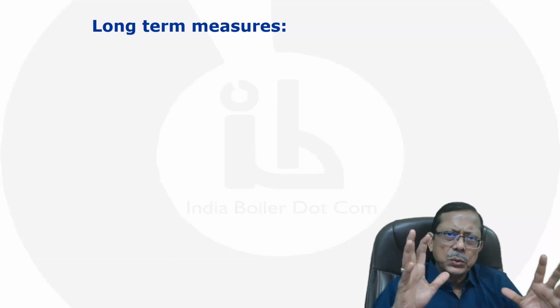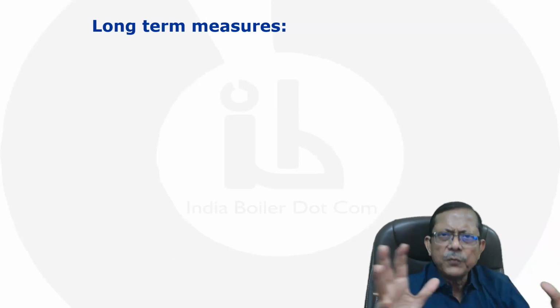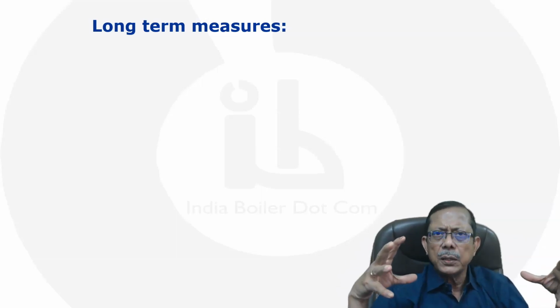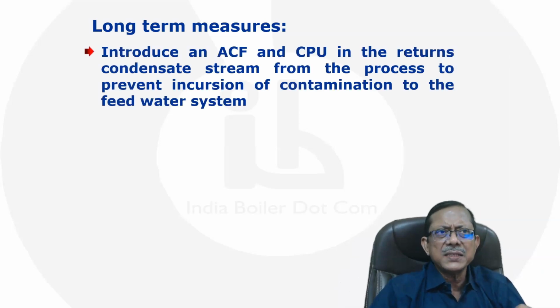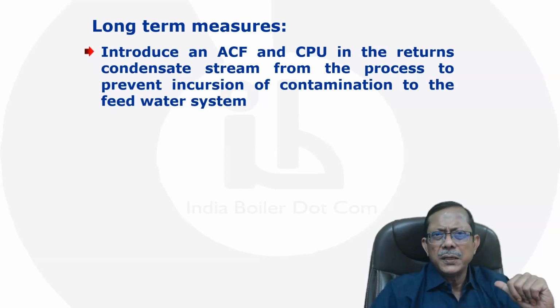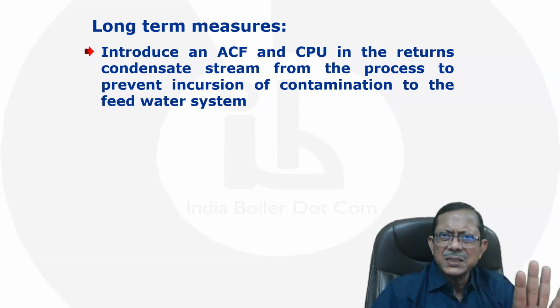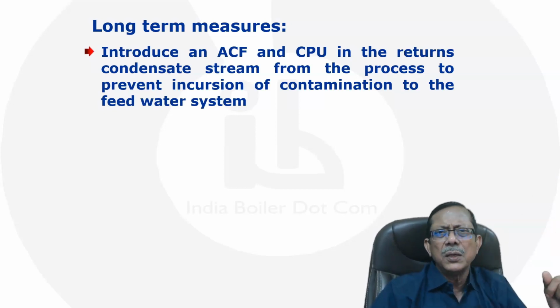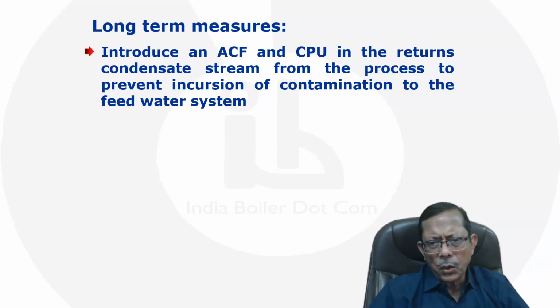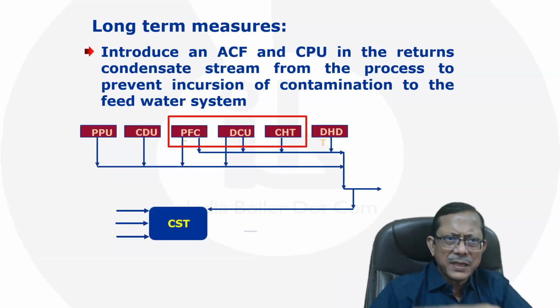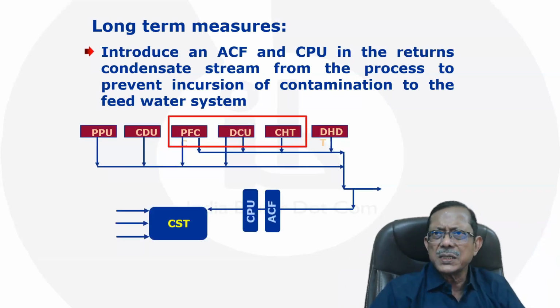But to actually attack the root cause, they will have to do certain things, and the most important is that they will have to stop the contamination coming from the return condensate, because as I told you, that is the primary root cause, as it created the source of corrosion in the system, which later led to the hydrogen embrittlement issues. So all this return condensate from various process plants, as I have shown, is coming back to their condensate storage tank.